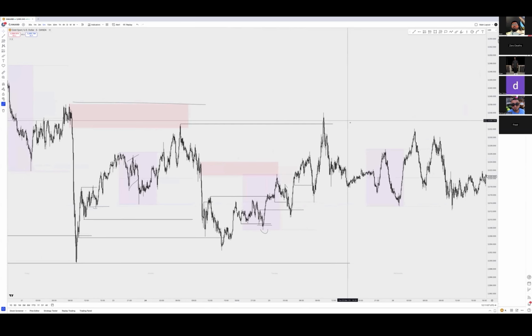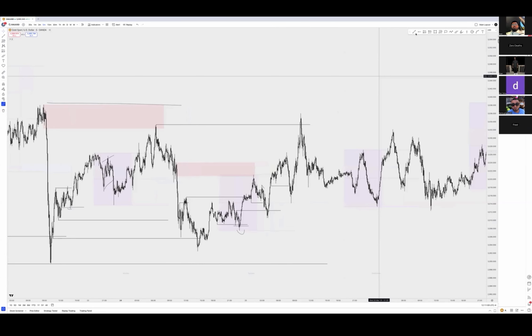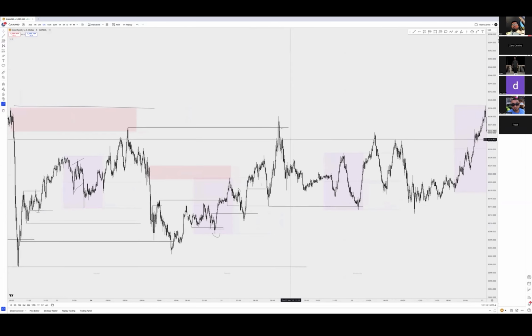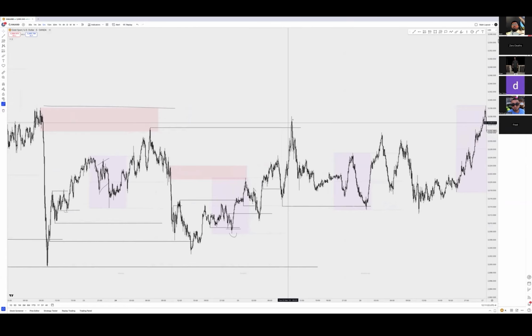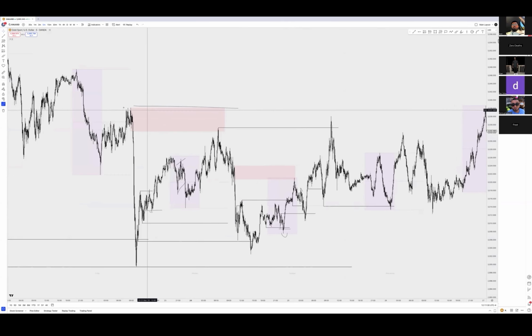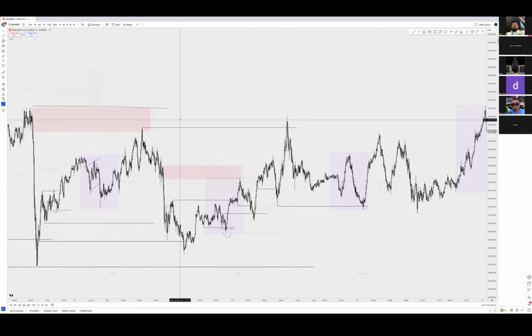So any longs that happen before all this liquidity is usually a trap. You get what I mean? So honestly, I wouldn't be taking shorts here. You're just kind of guessing that this high needs to get respected again, which it doesn't.